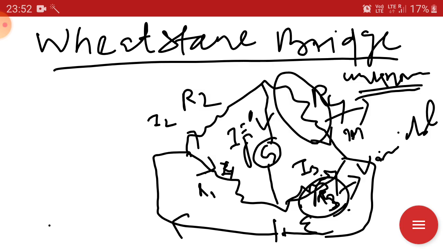So let's proceed and move in this way. When we move in this way, we get a resistor on our way. So how will you write this equation? How much potential drop will there be across this R1 resistor?